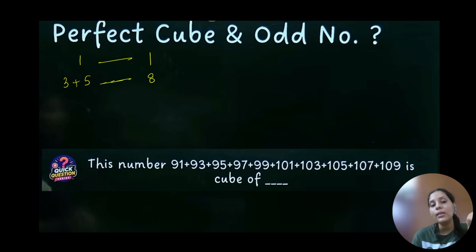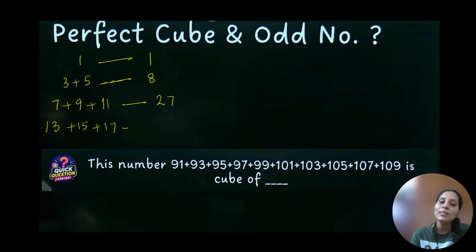I'm not taking the same number; every step I will take different odd numbers. Now next, 7 plus 9 plus 11 is 27. Next odd numbers, 13 plus 15 plus 17 plus 19 is 64. So every time we are taking different odd numbers.